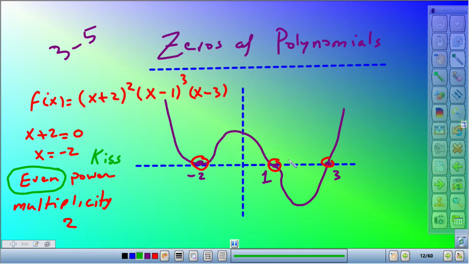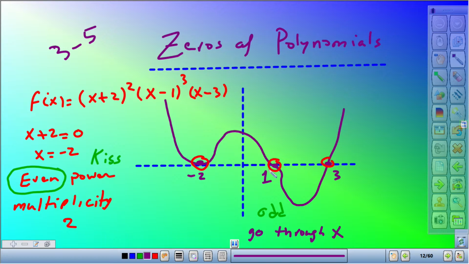You're kissing and leaving. At 1, however, I have an odd power, which is 3. The graph goes through the x-axis, because a multiplicity of 3 means I have 3 solutions here, repeated.